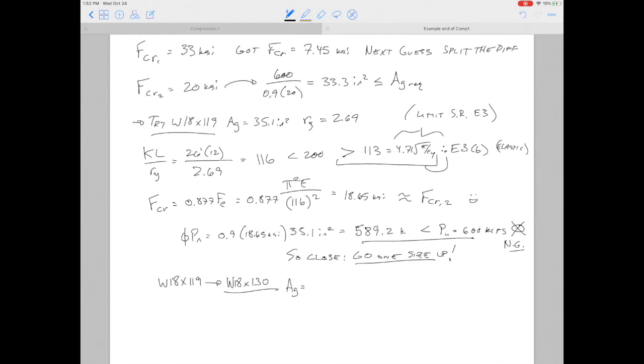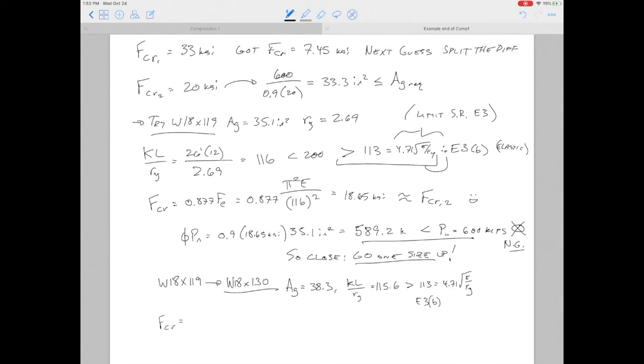AG is equal to 38.3. My KL over RY is equal to 115.6. That's greater than 113, my 4.71 square root E over FY. That means I'm in E3B still.